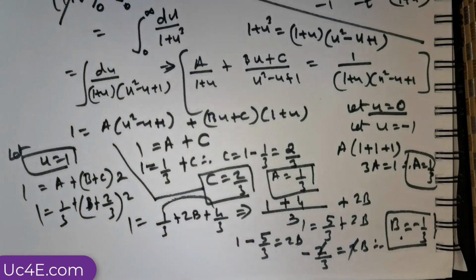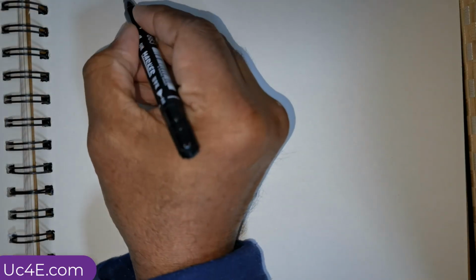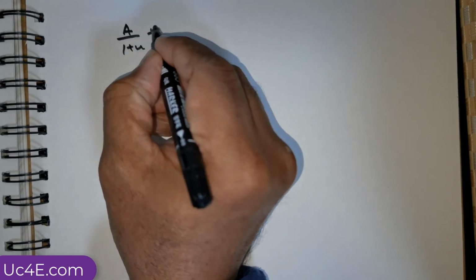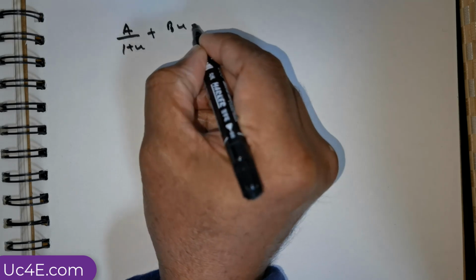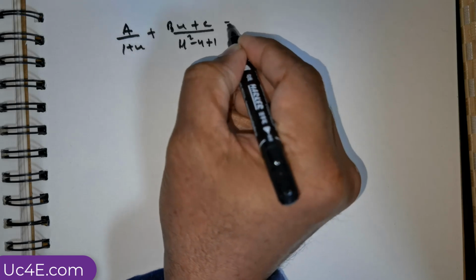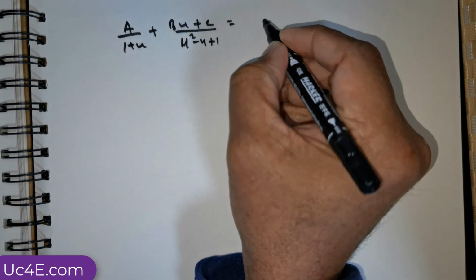So let me flip over to the next page. Hence a over 1 plus u, plus b u plus c over u squared minus u plus 1, is equal to, a is 1 over 3.